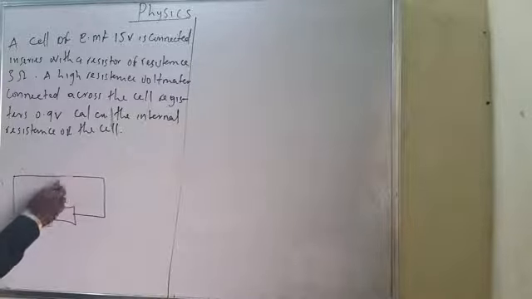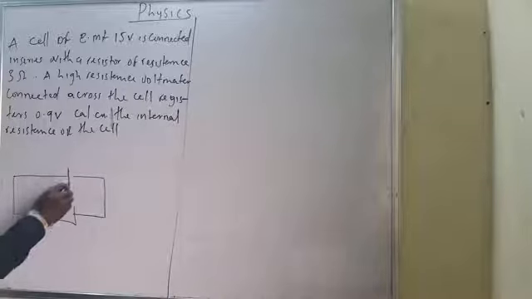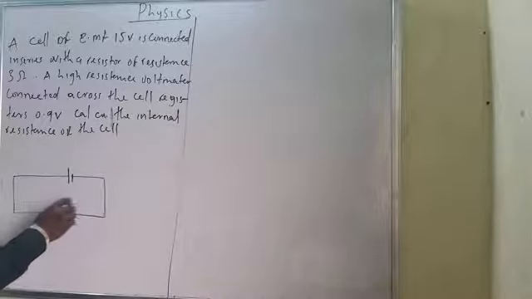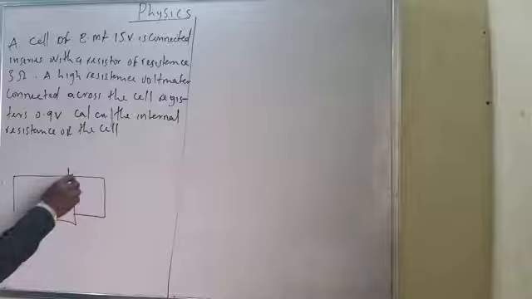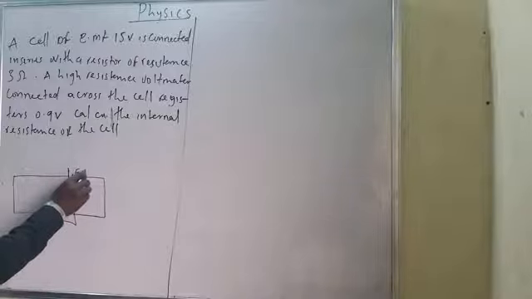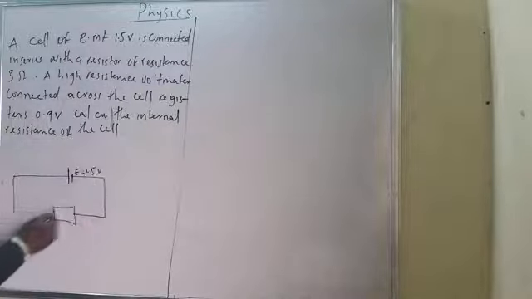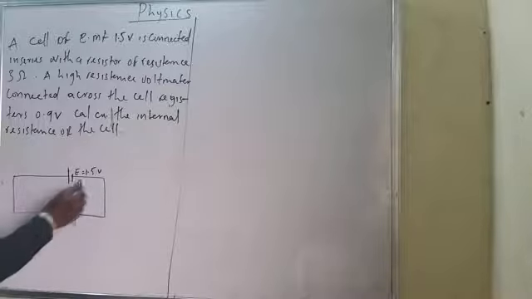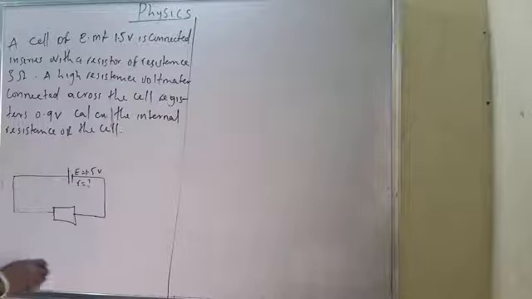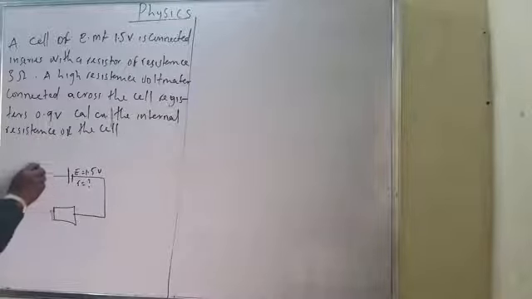Now there will be a voltmeter. Now I'll be talking about my E of 1.5 volts, and my small r I don't know, so let me call it question mark. Now it is connected with something.